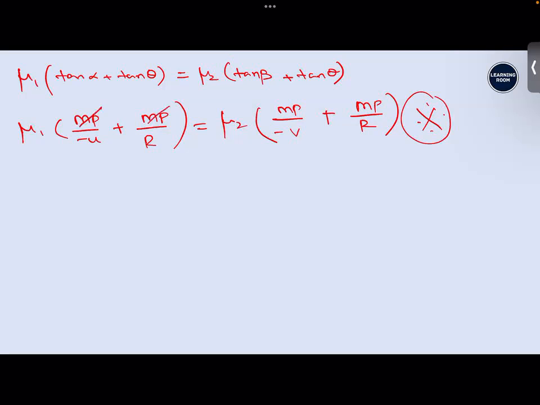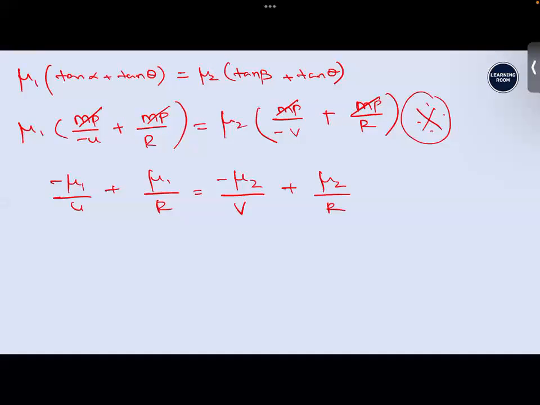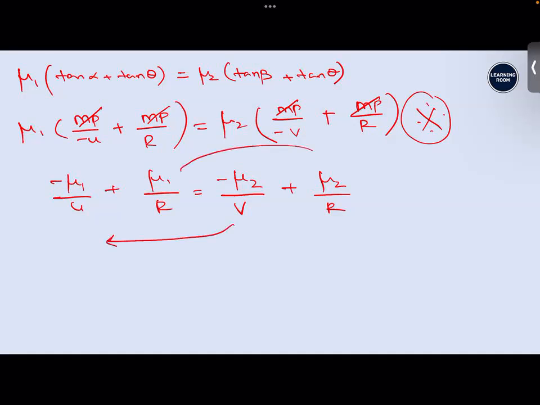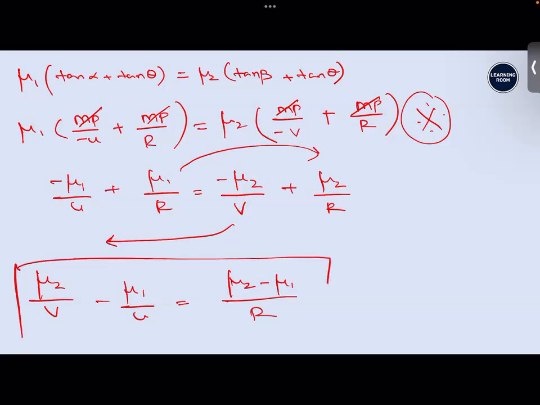So MP gets cancelled. I'll have minus mu1 by u plus mu1 by R is equal to minus mu2 by v plus mu2 by R. So if I rearrange the equation, I'll have mu2 by v minus mu1 by u is equal to mu2 minus mu1 divided by R. Did you get the same expression?